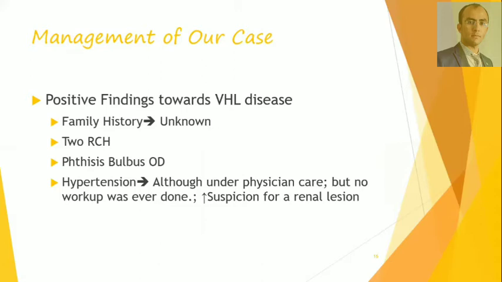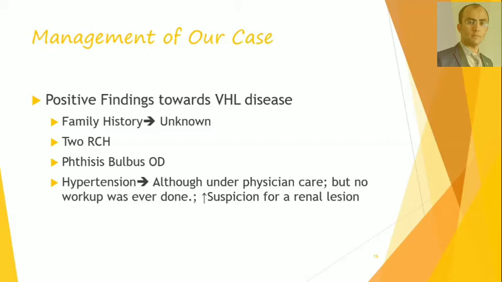Our patient had 2 retinal capillary hemangiomas, and she also had hypertension. And for the right phthisis bulbi, I believe it was probably because of a complication of retinal capillary hemangioma, actually, not because of the presumed diagnosis of Coats disease.